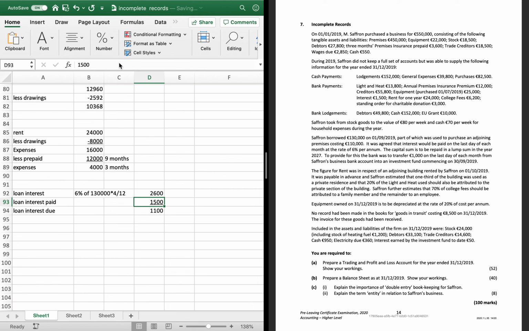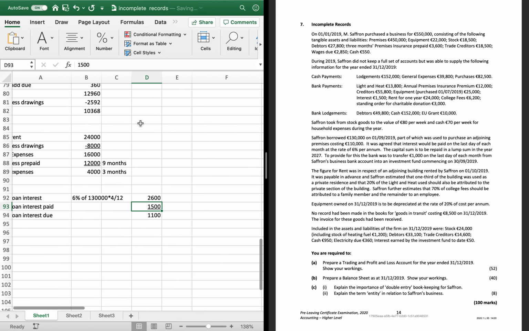Okay, so 2,600 minus 1,500, loan interest due 1,100. All right, so that can go into your current liabilities.